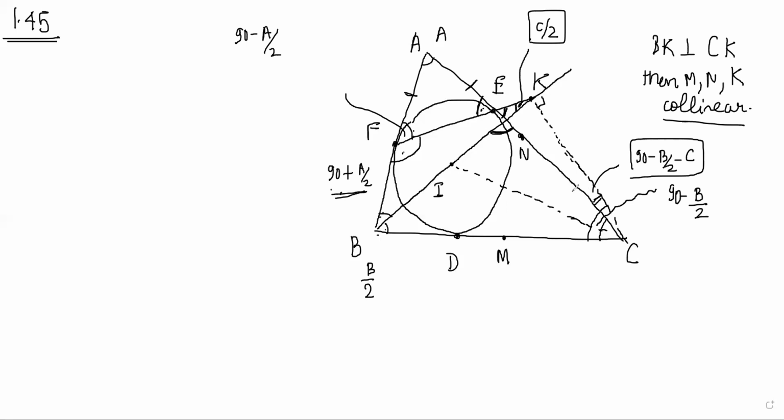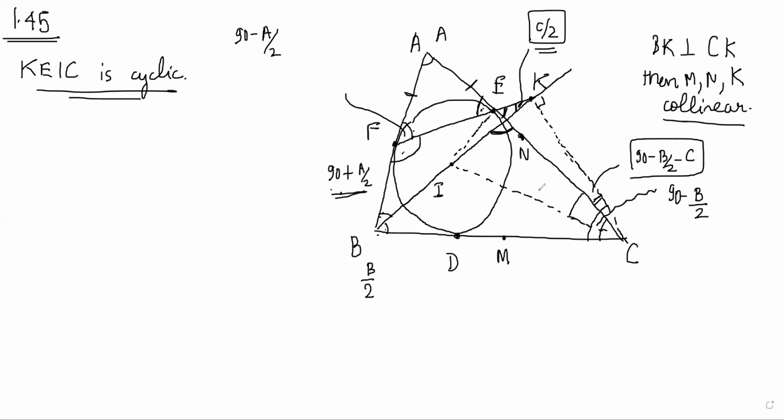So we know that, using half C, this also. Now since we found that this is C by 2 and we know that this is C by 2, we know that KEIC is cyclic, right? Because of the C by 2 matching.